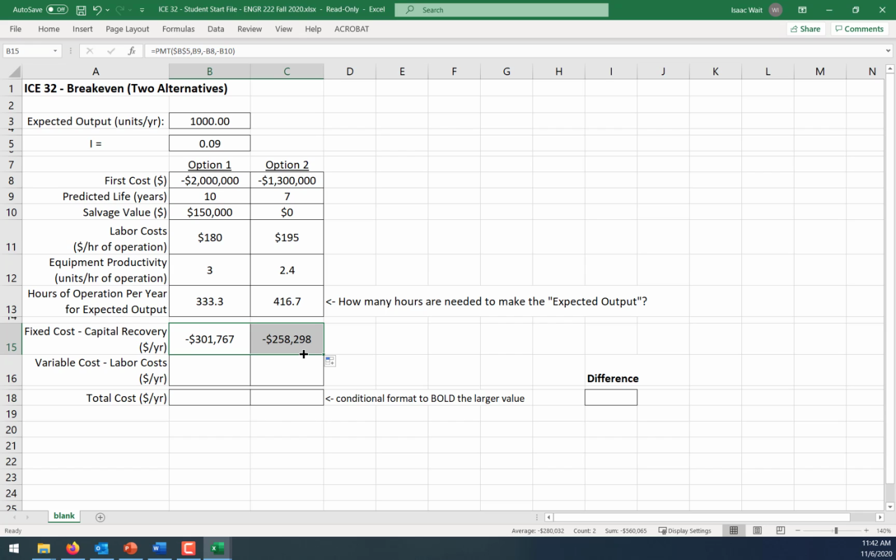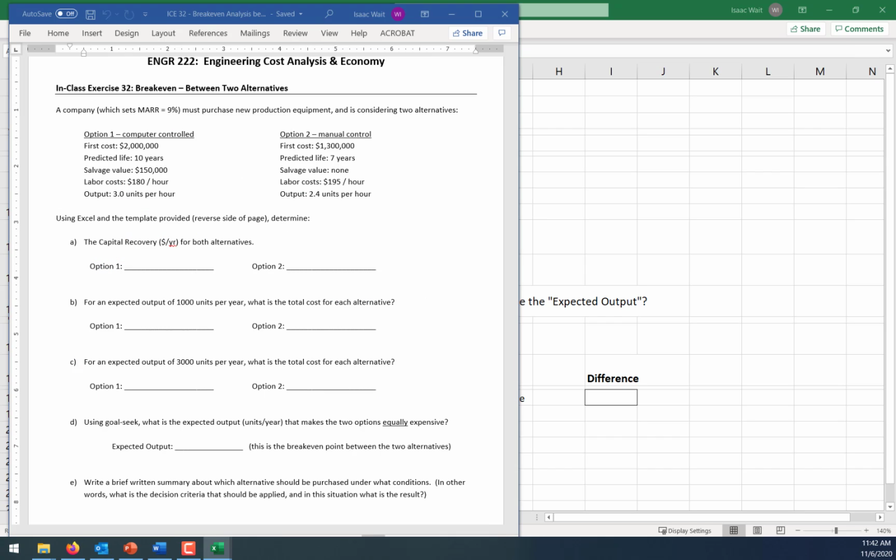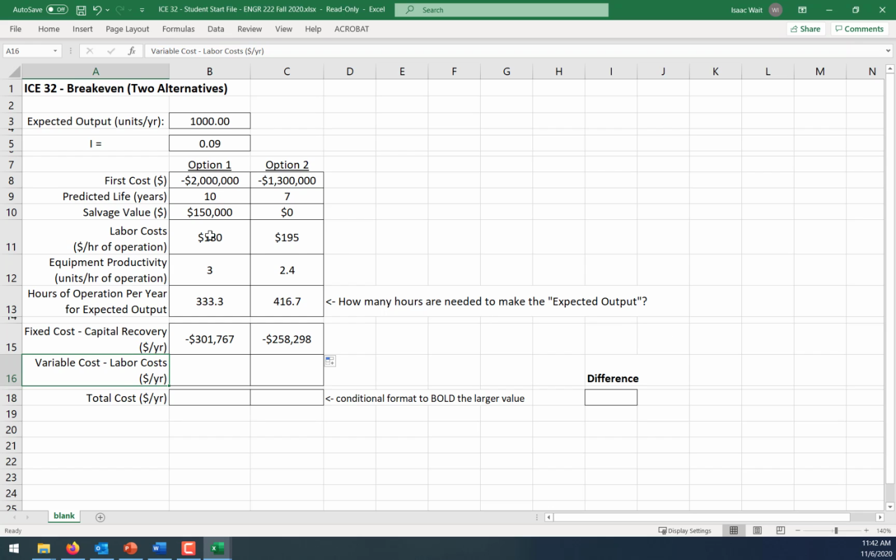Option 2 is less money up front, but it's more money to operate if you're trying to make a lot of units and it's working less efficiently. Okay, now the variable costs is the labor expense. And so let's go back here to our labor cost, because I think here it says it's $180 an hour for computer controlled and $195 for manual controlled.